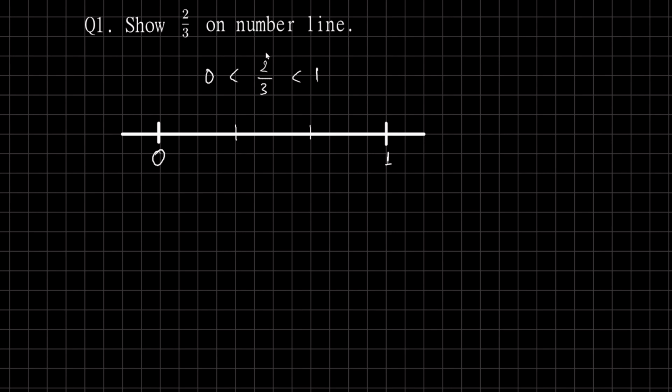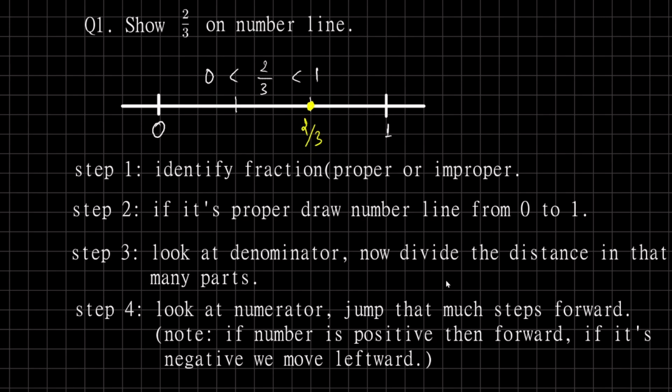Now look at its numerator, which is 2. This tells us to jump 2 steps forward from 0. So 1 step and 2 steps. This position is representing our number 2 over 3. What we have done: we first identify that it's a proper fraction.